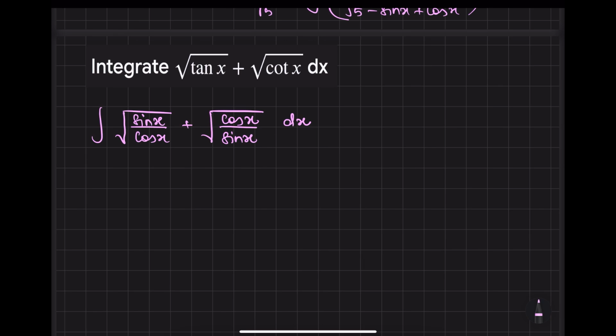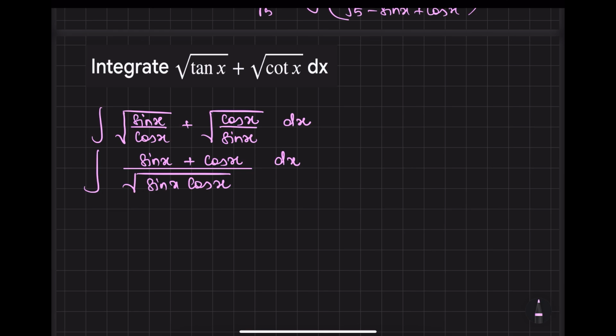Now take the LCM. If you will take the LCM, you will be having sin square x, means you will be having sin x plus cos x, and then denominator will be sin x and cos x. So after simplifying, you guys can observe that you have sin and cos together, and you have sin x plus cos x in the numerator.